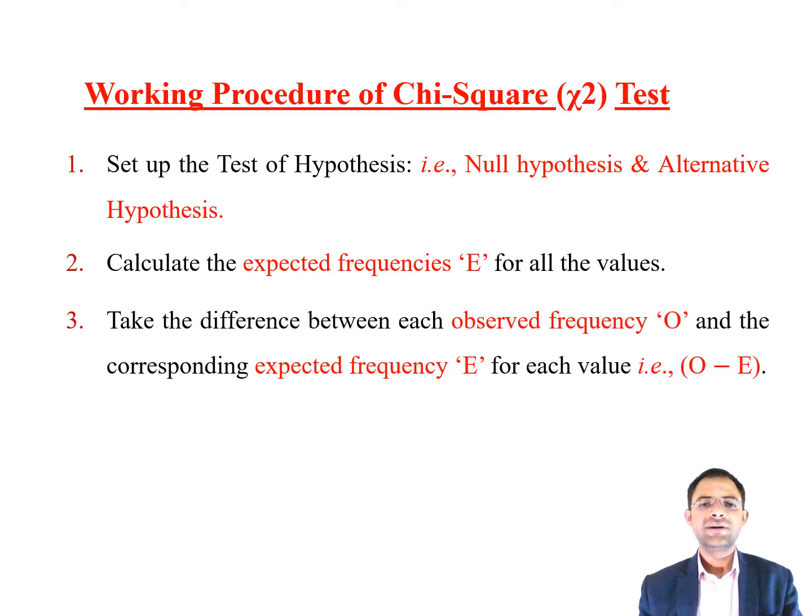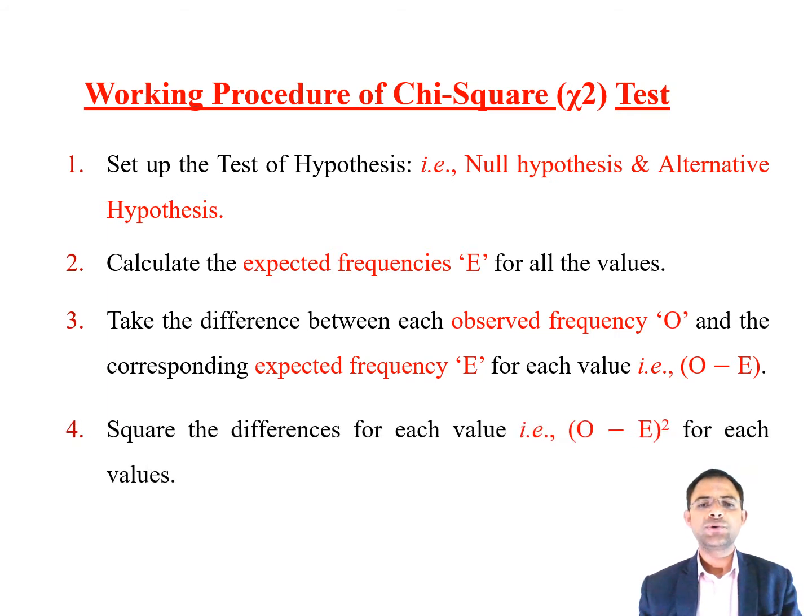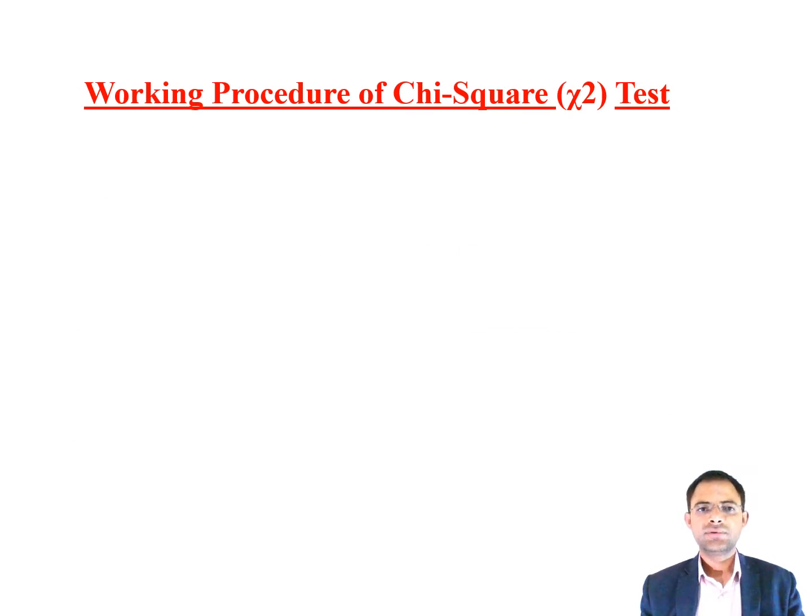In the next step, take the difference between each observed frequency and the corresponding expected frequency to calculate O minus E. In the next step, we square the differences for each value to get the square of O minus E.